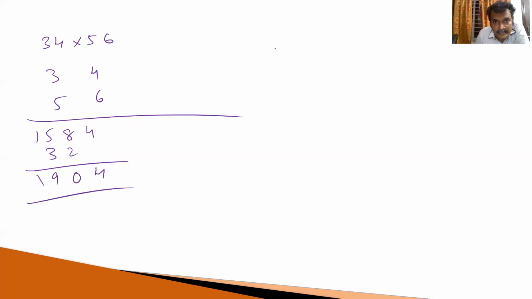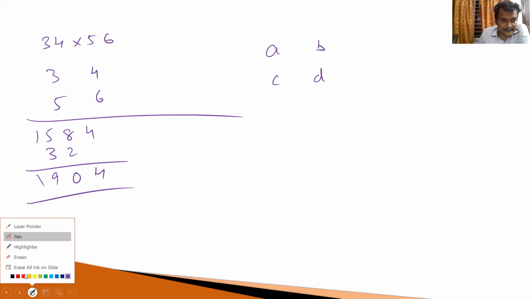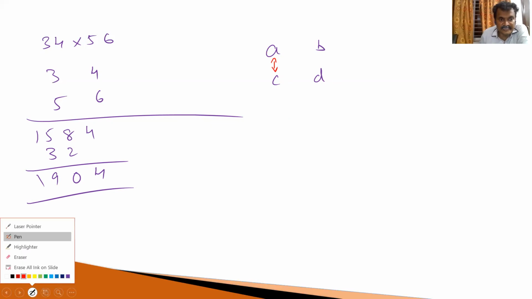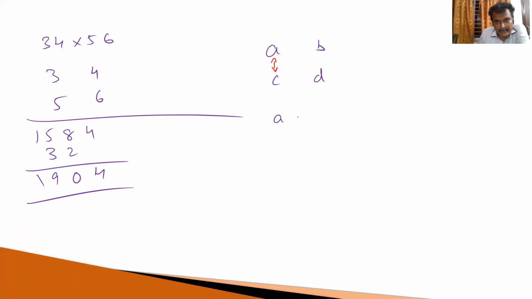That means A, B, C, D. What is the first step? Multiply A into C. That is the first step. What is the second step? Crosswise. That is AD plus BC. And what is the third step?